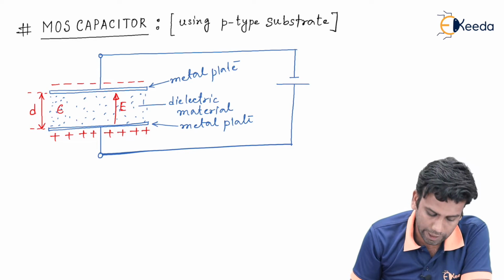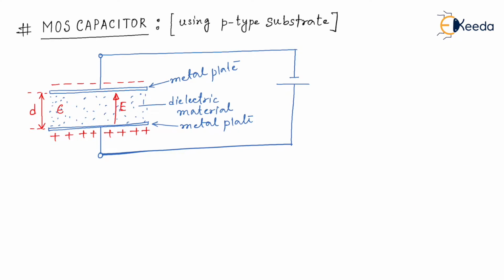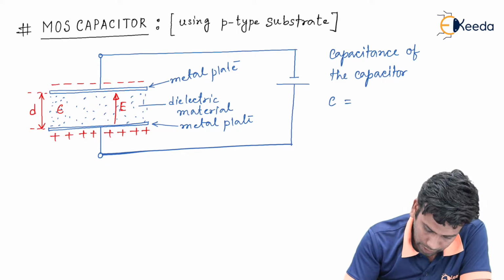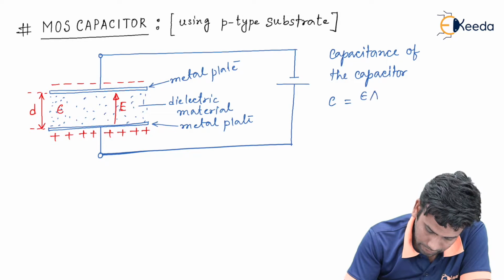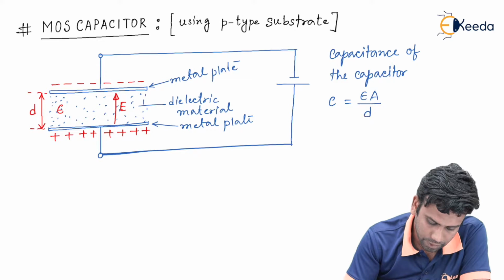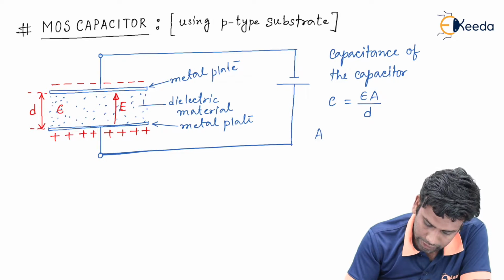and epsilon is the permittivity of the dielectric material, then we can say that the capacitance of the capacitor will be capital C equals epsilon A by d, where A is the cross sectional area or the area of the metal plate.